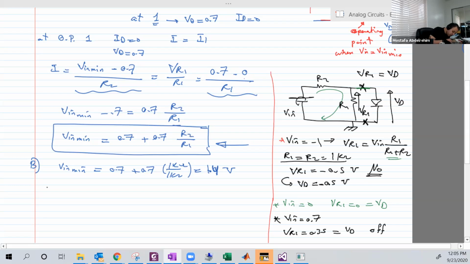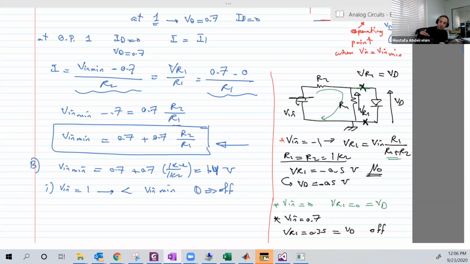That's easy. So in number 1, he said that V input is equal to 1 volt. This is less than V input minimum. Diode is off. Very, very straightforward. No assumption here, by the way, because you know what is the minimum input that will definitely make the diode on. Just compare with the input voltage minimum.